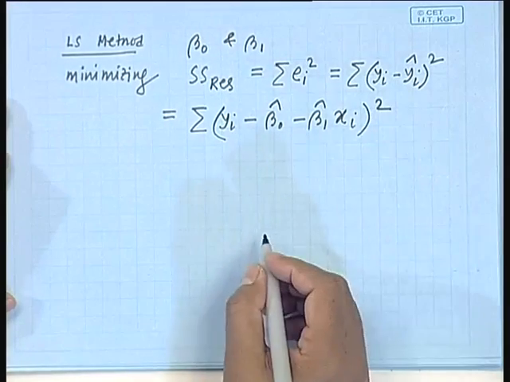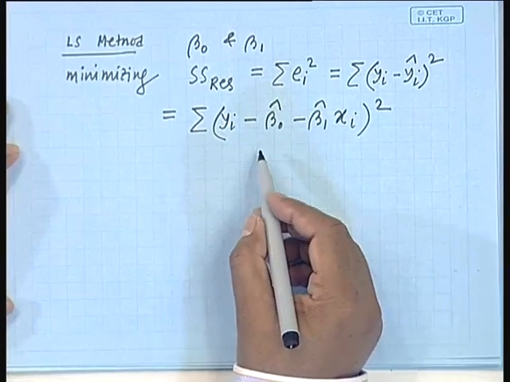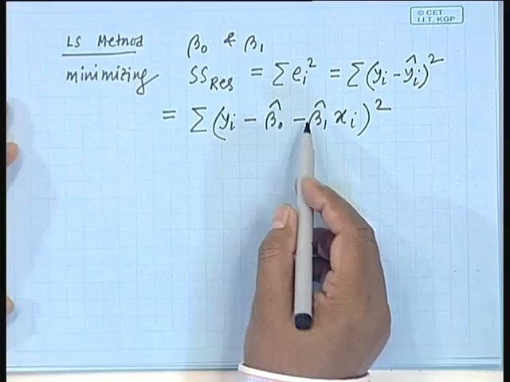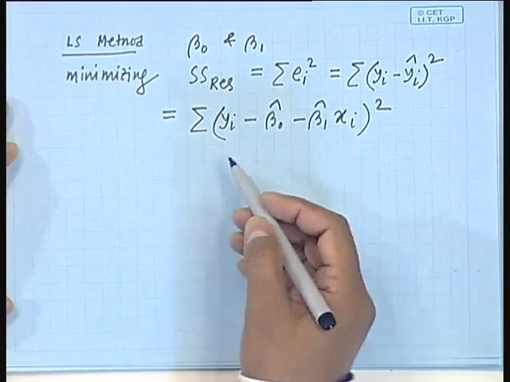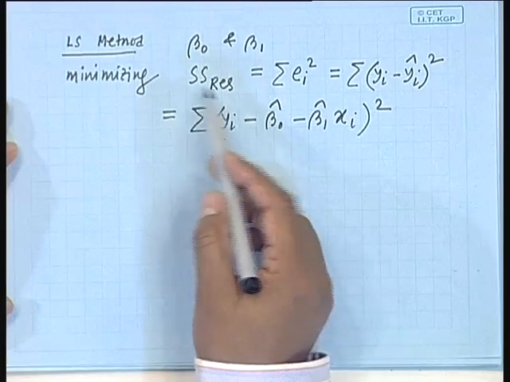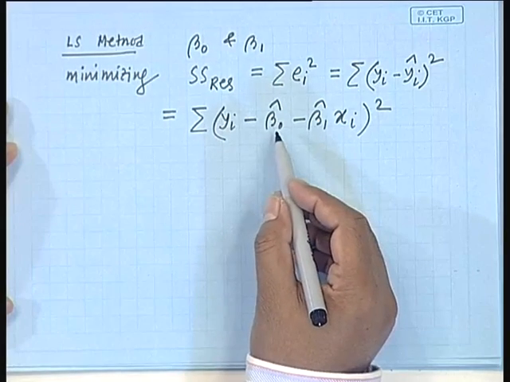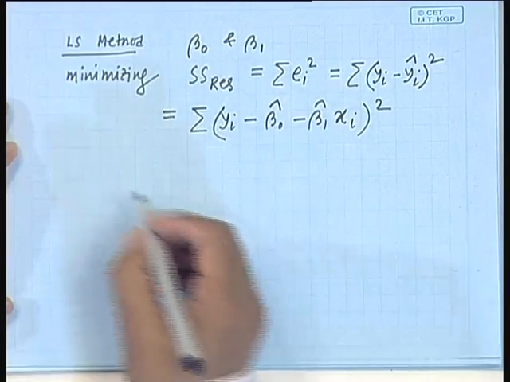So the least square method, or LS method, determines the parameters beta naught hat and beta 1 hat by minimizing this quantity. What we do is differentiate the residual sum of squares with respect to beta naught hat, and we equate that with 0 and we get the first normal equation.